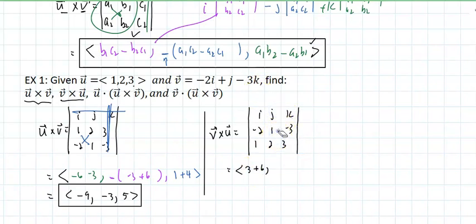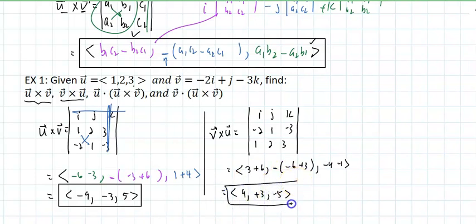Got it. The j component, negative 6 plus 3. The k component, negative 4 minus 1. And do you notice how those are related? It turns out that this is 9, positive 3, and a negative 5.